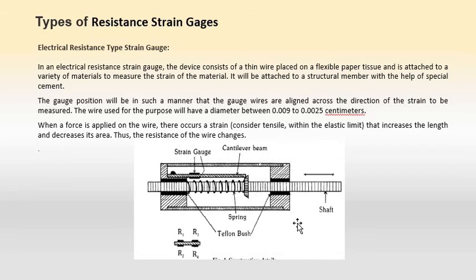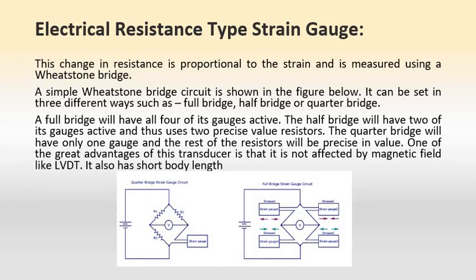So the resistance of those particular materials, both the top material and the bottom material, will get varied, and that variation in resistance we should measure in some other manner, and by that measurement we will get the displacement. That measured resistance will be proportional to the movement in the shaft. Okay, so how are we measuring the change in resistance?